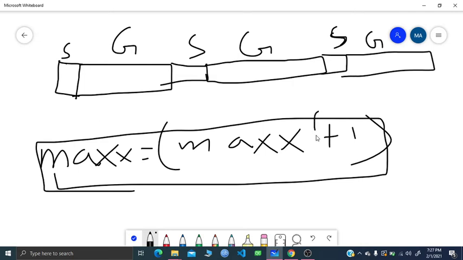And why am I adding this one? Because I am fully sure that if I somehow do not get a single silver character between two groups, I can always make one silver character and increase my maximum consecutive. It's always possible.